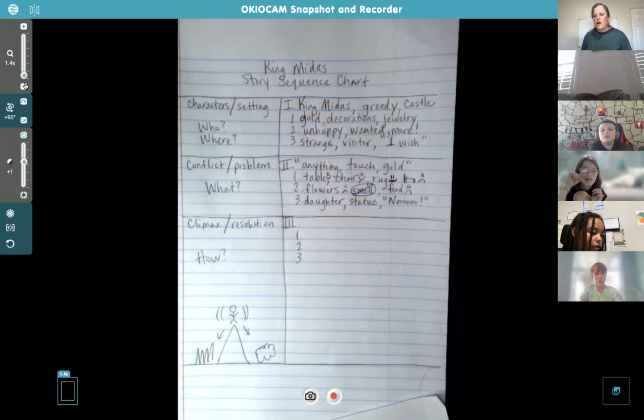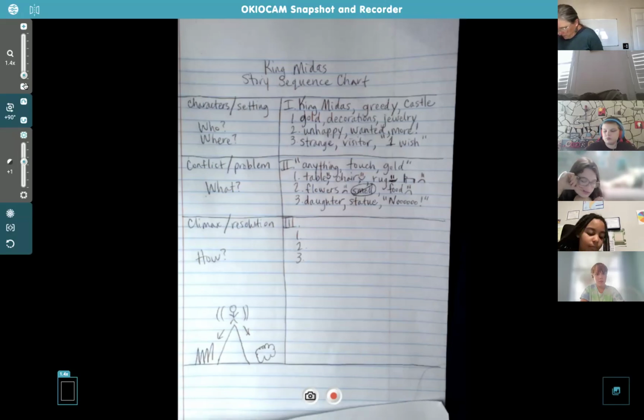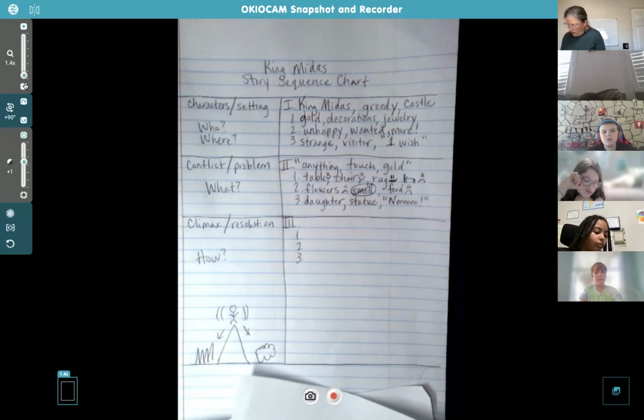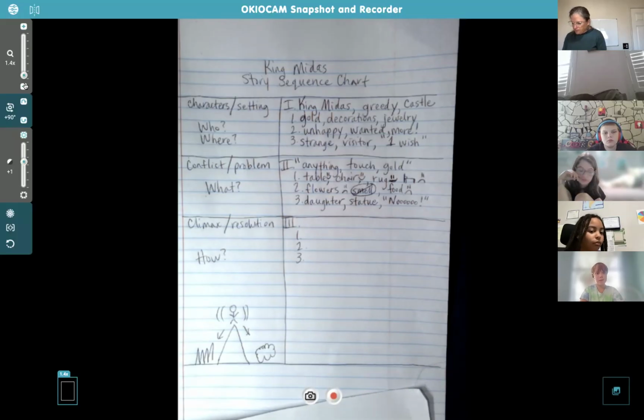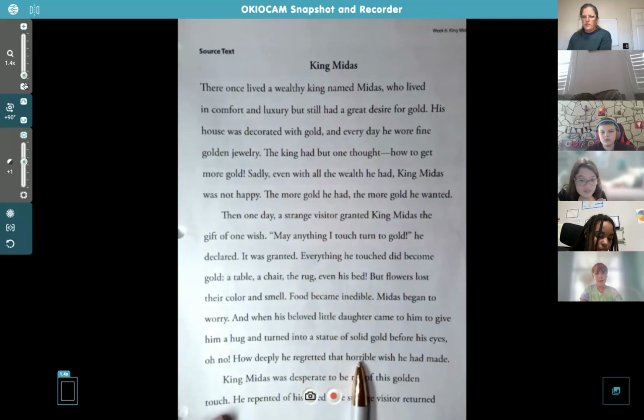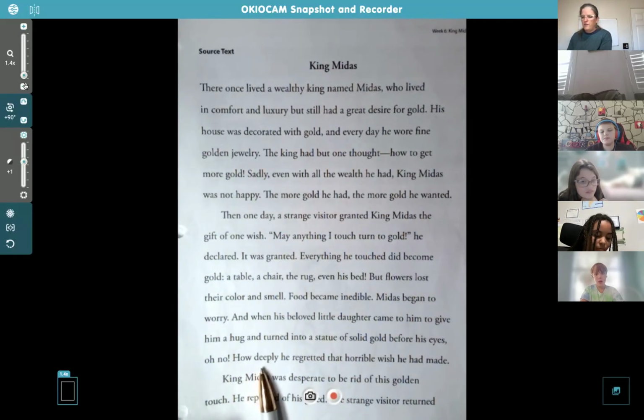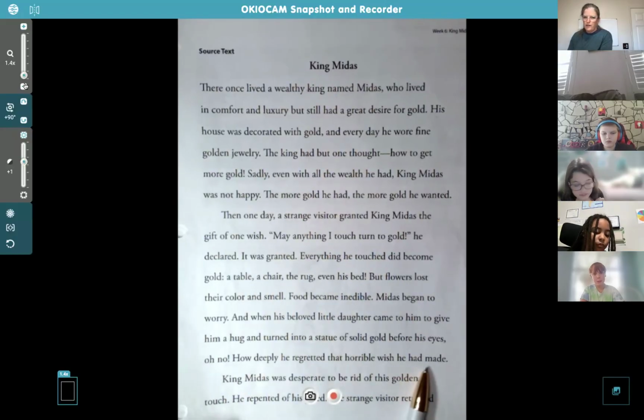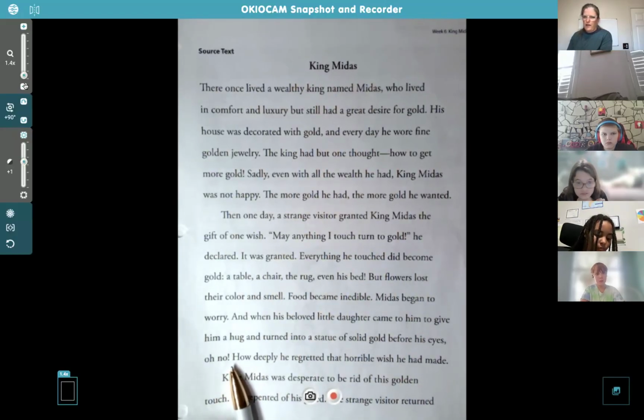So moving on from here, let's see, it's Trevor's turn now. So the daughter's a solid gold statue. And then at the end of that paragraph, after she turns into a statue, how does he feel right here? Right after the statue thing.